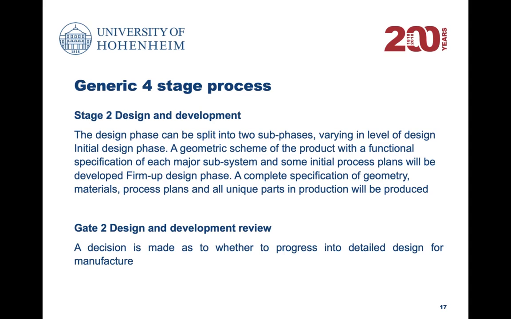So initial design, you try to sketch out what type of product that is, functional specification, etc. And the complete specification, then you start constructing already. You define what unique parts you need, what modules you need. You have process plans already in place.